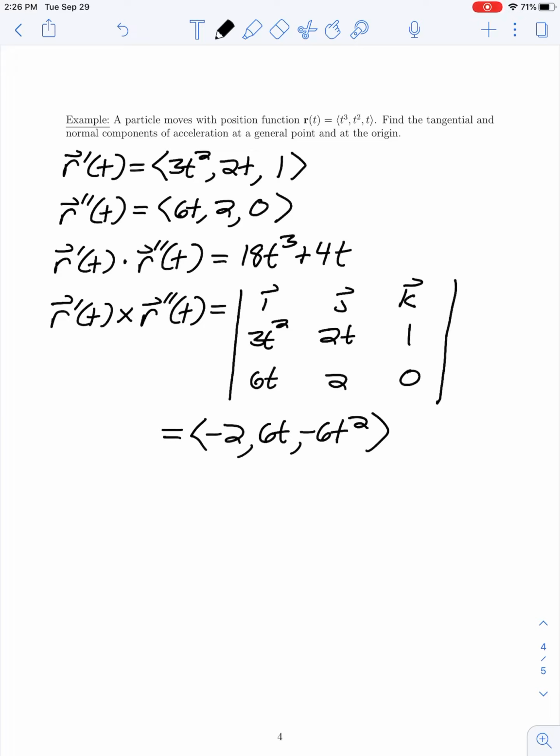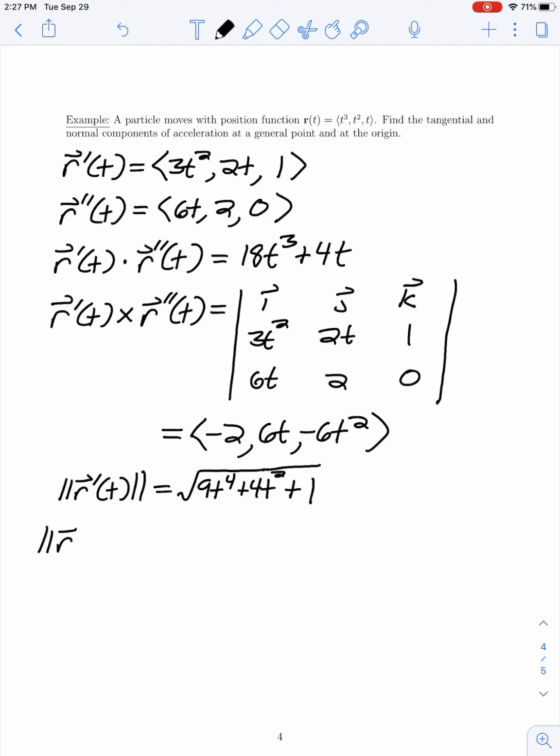The last bit that we still need to calculate is the magnitude of the derivative of our vector function. Looking back at our first line of work where we found r prime of t, taking the magnitude of that vector, we would have the square root of 9t to the fourth plus 4t squared plus 1.